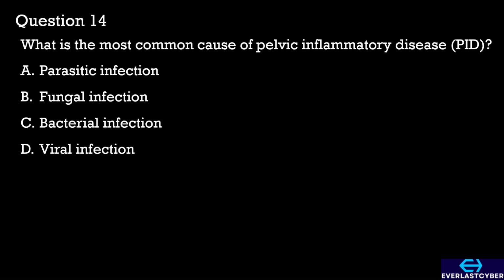Pelvic inflammatory disease is most commonly caused by bacterial infections, especially sexually transmitted bacteria like Chlamydia trachomatis. It affects the female reproductive organs like the uterus, fallopian tubes, and the ovaries, and it can lead to infertility, pelvic pain, or even ectopic pregnancy if left untreated.